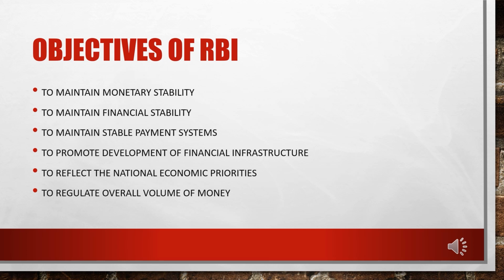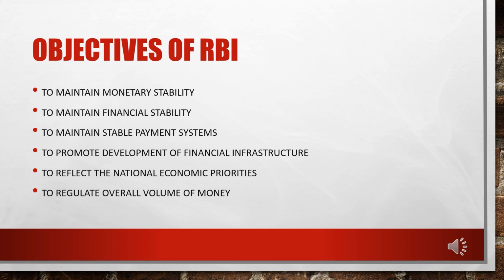Another important thing is to promote the development of financial infrastructure and to enable it to operate efficiently. So what do we mean by financial infrastructure? Financial infrastructure means establishment of new banks, establishment of new branches of the commercial banks, and establishment of different organizations which can help in trading, as well as increasing the efficiency of the market.